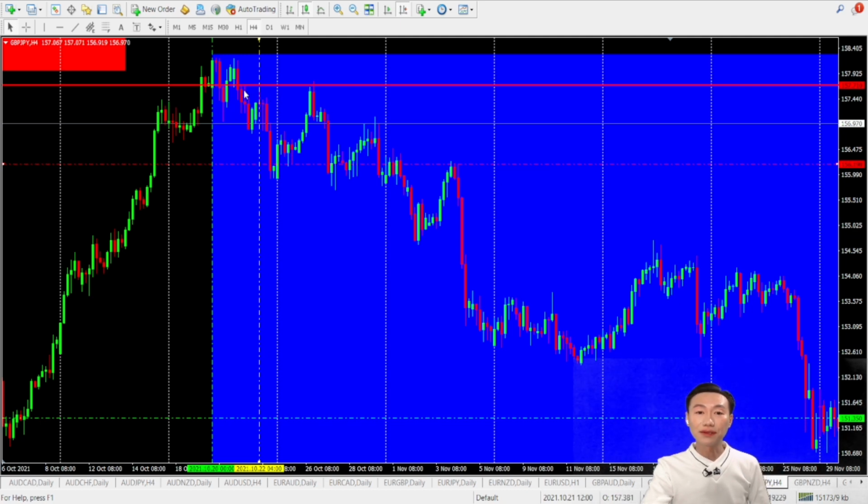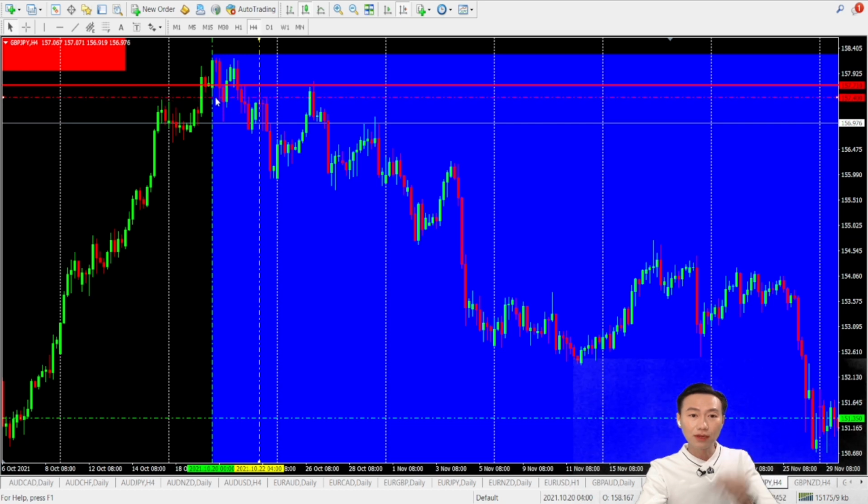Let me use this red dotted horizontal line to plot this out. This area of resistance doesn't come at a very specific price level or point. It's always an area. As you can see, this is the resistance area.